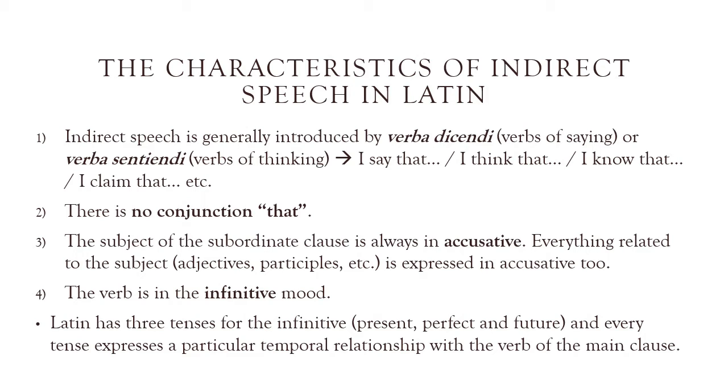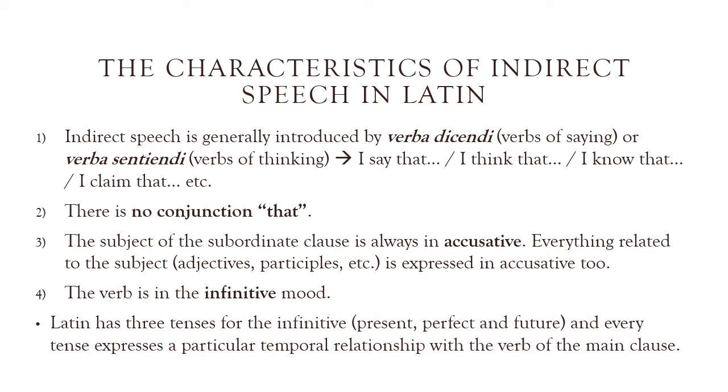I know that, scio or nosco. I claim that, adfirmo. Or you can also have, for example, I hope that, spero. So you have a wide range of verbs, but just remember that their meaning is related to verbs of saying and thinking. The second feature is that there is no conjunction that.